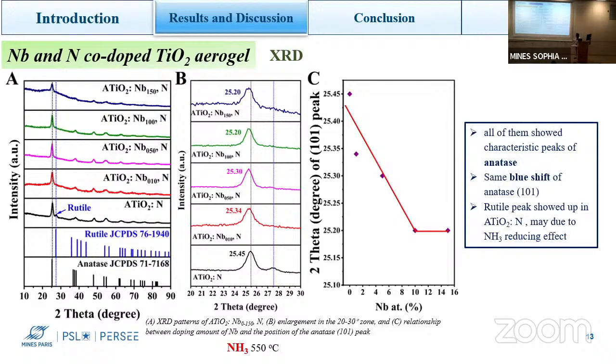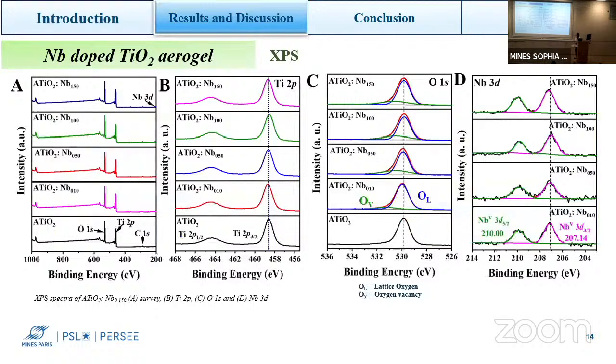And then we're using XPS to characterize the surface electronic structure. From the survey, we observed the different species: titanium, oxygen, and niobium. For the titanium, we observed that it is stable and showing Ti4+. And for the oxygen, we observed there's lattice oxygen and oxygen vacancy, these two species.